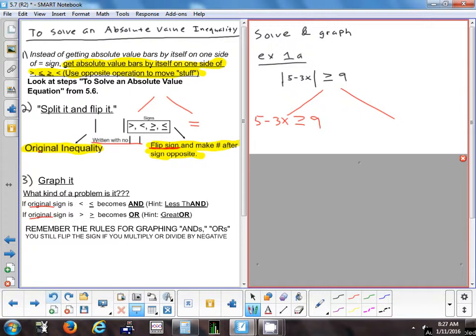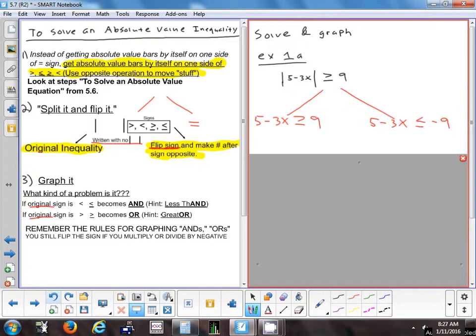So just flip that sign and make the number here negative. Yeah, that's it. These are the two problems we're going to solve. So first one, we just took out the bars. The second one, we did three things. We took out the bars, we flipped the sign, we made the number negative.